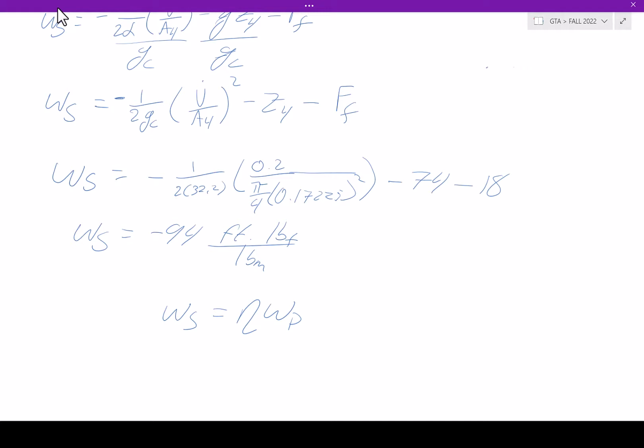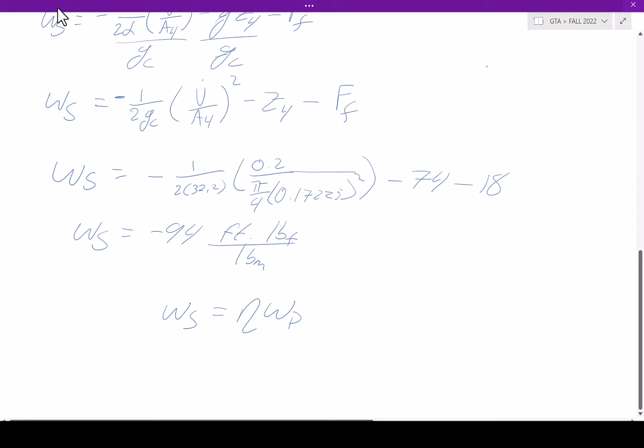If it was, then this would be 100, and all the work that's brought in by the pump is going straight into the fluid here. But it's not, so we have to take away a little bit of it, and that makes sense that the work that we need total is going to be greater than this theoretical work.